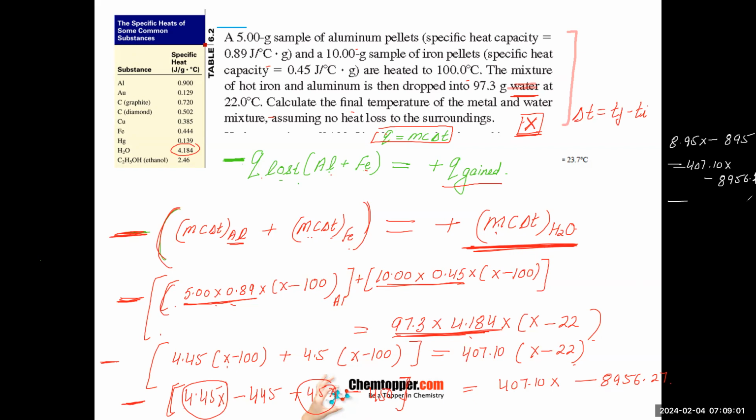Just solve this equation for x. Algebra. Yes. 398.05x is equal to, yes, please do it fast.